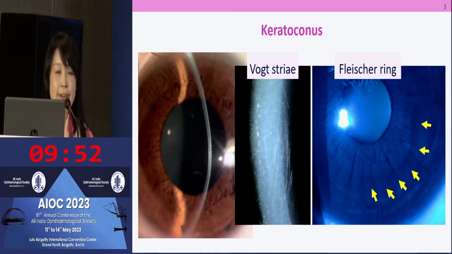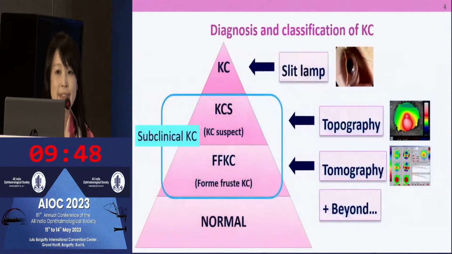But however, there are many cases without clinical keratoconus signs. In such cases, we have to rely on corneal imaging. Right now, there is variability in diagnosis and terminology for keratoconus.